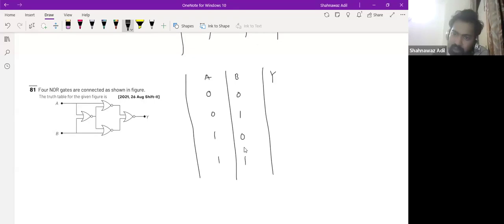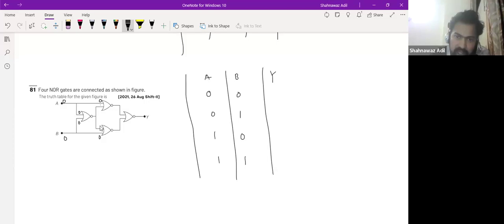So what is Y? Let's find this out. A is 0, B is 0. In here we have 0, and in here we have 0. In here we have 0, 0, 0 plus, this is 0 bar, so this is 1.